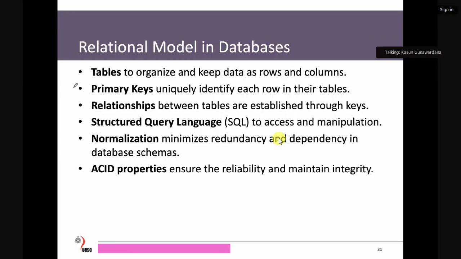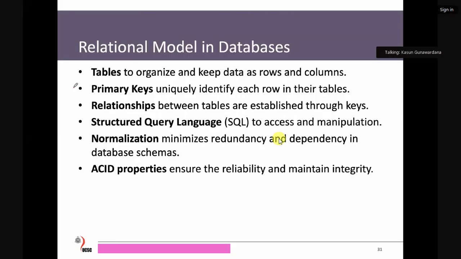So when it comes to relational databases, we know that data are organized into tables. Tables keep this data, and if you take a single table or relation, data are organized as rows and columns, right?